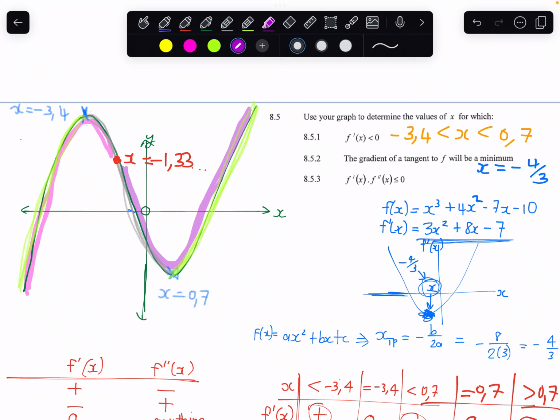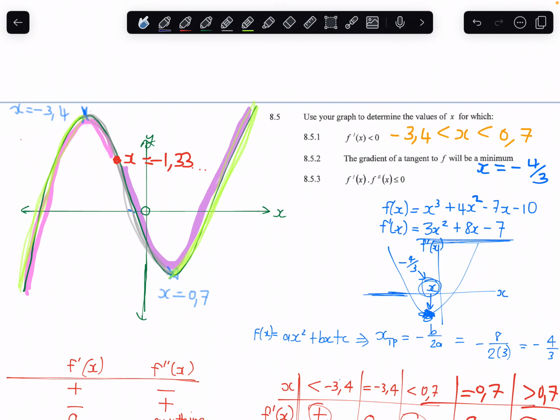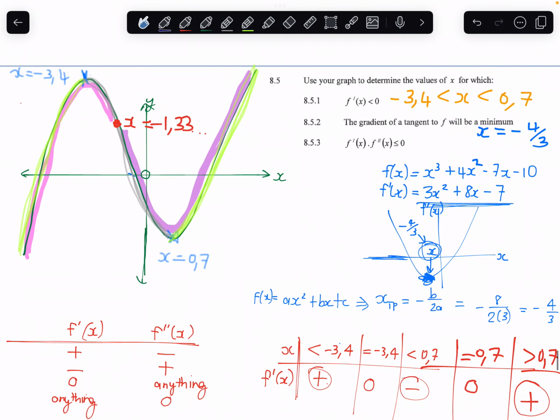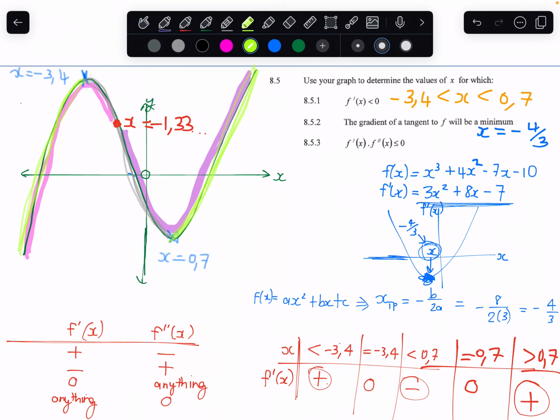Right. And so the first case that we are interested in is where f prime is positive, which is the lime green part of the graph, and where f double prime is negative, so where our graph is concave down, which is the pink part of the graph.